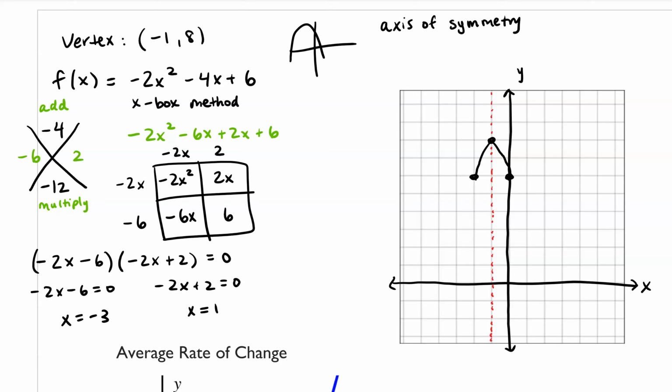So what that means is that our x-intercepts are the points 1, 0 and -3, 0. So I'm going to go ahead and plot those on my graph.